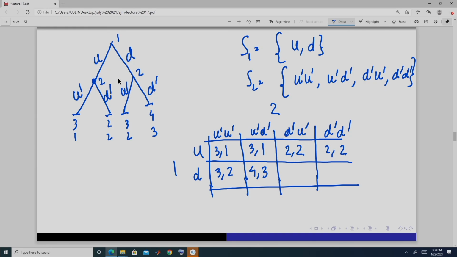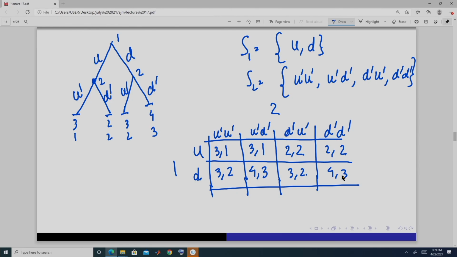Here player 1 is choosing D and it is choosing U'. Here it is choosing D'. So, this is how we get the payoff matrix of a normal form game.